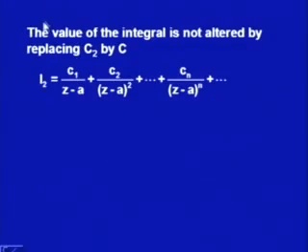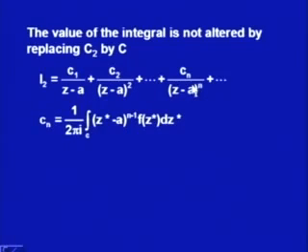Now, the value of the integral is not altered by replacing C2 by C, this I have already explained, and then I2 will be represented as C1 divided by (z minus a) plus C2 divided by (z minus a) square, and nth term being Cn divided by (z minus a) raised to power n and so on, where the coefficients C1, C2, Cn's are given by this general formula, that is Cn is equal to 1 upon 2 pi i integral over C, and the integrand is (z* minus a) raised to power n minus 1 into f(z*) dz*.